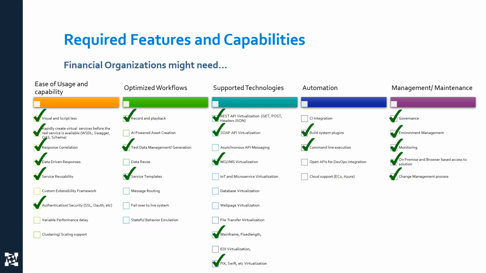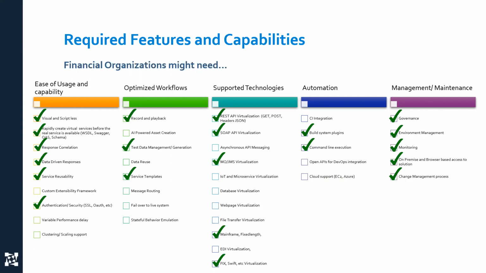And I see in a financial organization, the management and maintenance side becomes hypercritical because typically you might be building a center of excellence. And so you're going to need to have high-level global configurations for environment templates, virtual service templates, and all of that rolls up into governance and being able to build the best practices into the solution, as well as having a rigorous change management process.